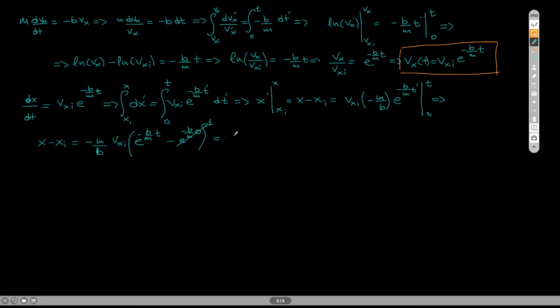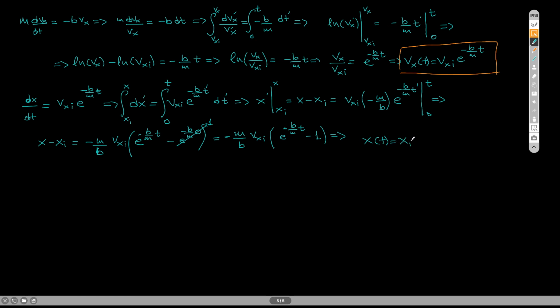This becomes minus m over b Vx initial, e to the minus b over m time, minus 1. And now I have the equation for x as a function of time.